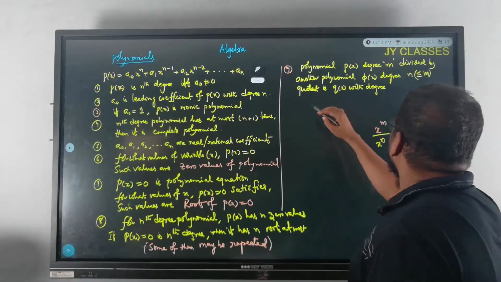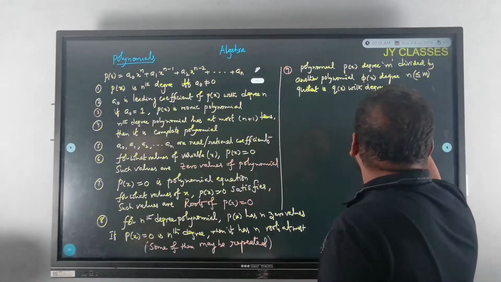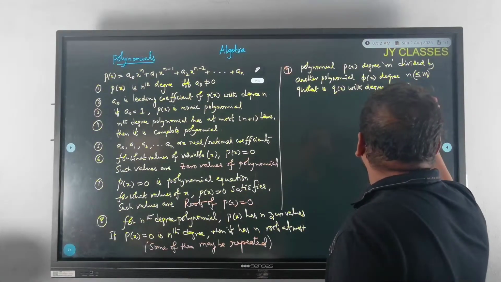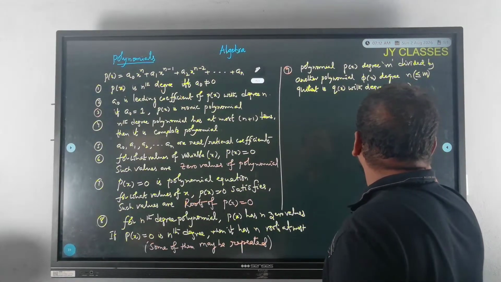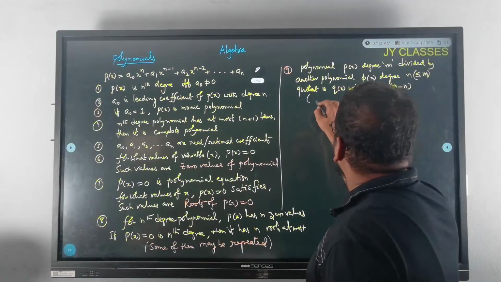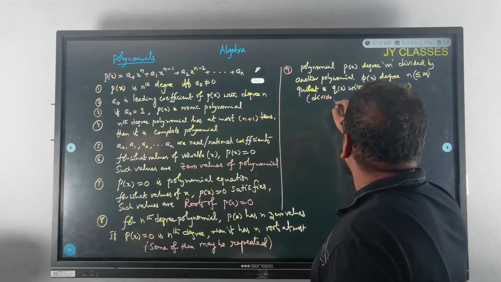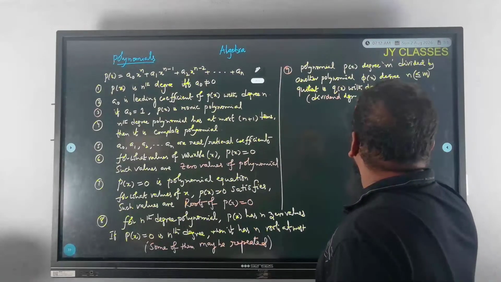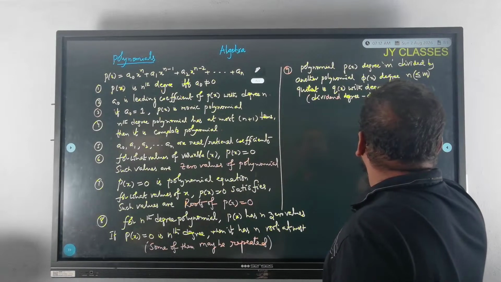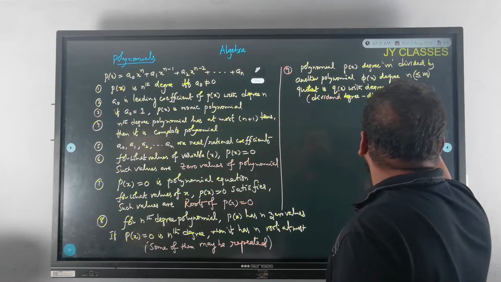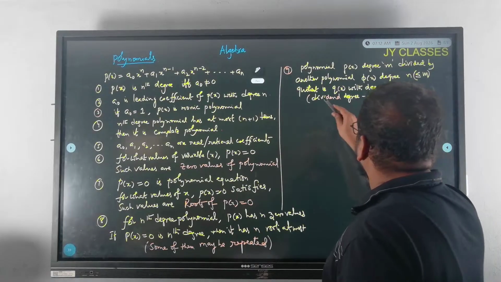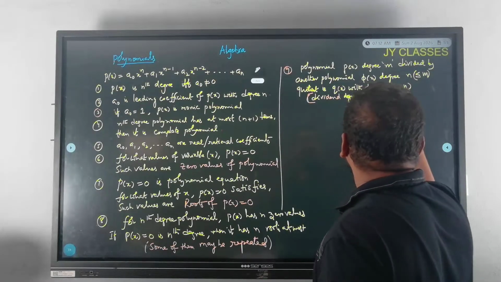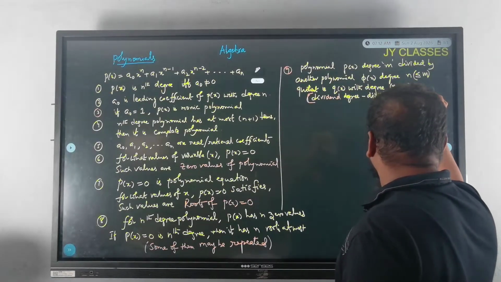So the quotient is q of x with degree m minus n: dividend degree minus divisor degree.